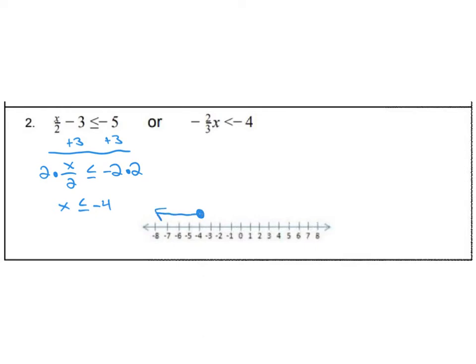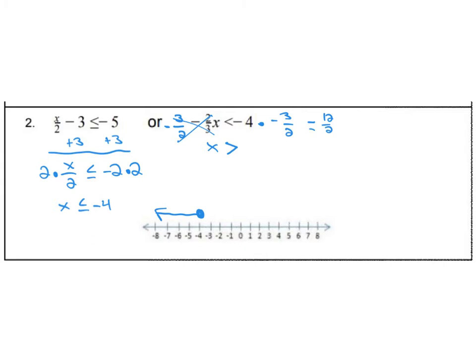This one here is having us divide by -2/3, so it's going to be a little bit easier when we multiply by the reciprocal. So multiplying by -3/2, which is going to cause that to cancel. And because we are multiplying by a negative, we need to remember to flip our sign. 4 times 3 and a -4, that's going to be 12 divided by 2.